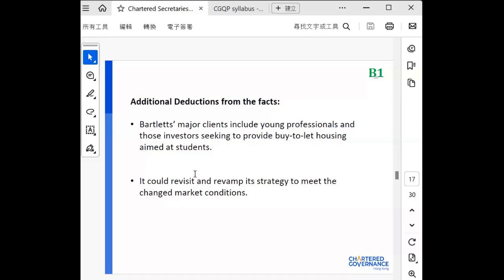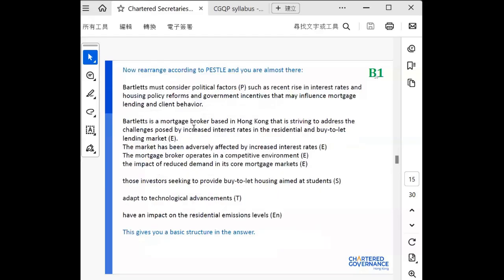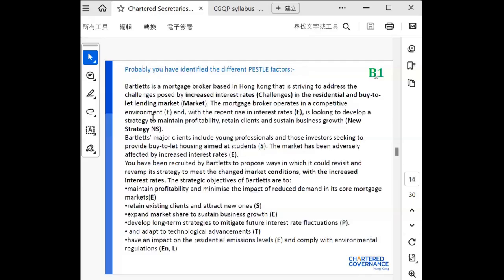Now, when we look at the economic factors, there's a student focus of the buy-to-let housing and the young professionals. So it suggests to you that these are the new clients.